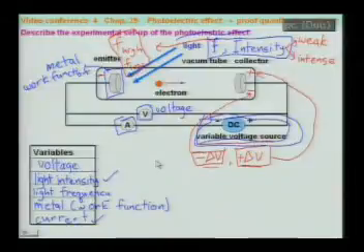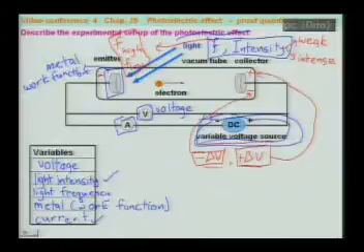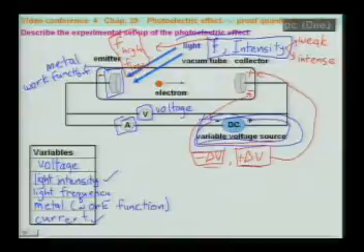Okay, is there any question for now on the experimental setup, before we look into the findings of the experiment and how we are going to explain them? So is there any questions?